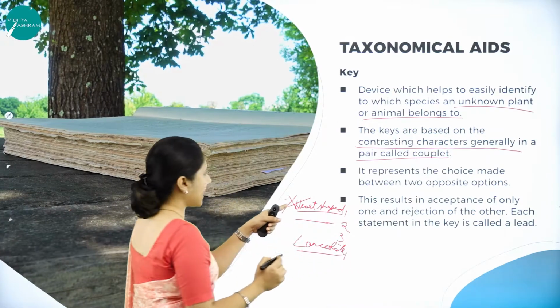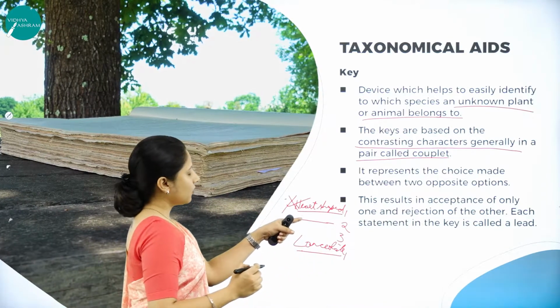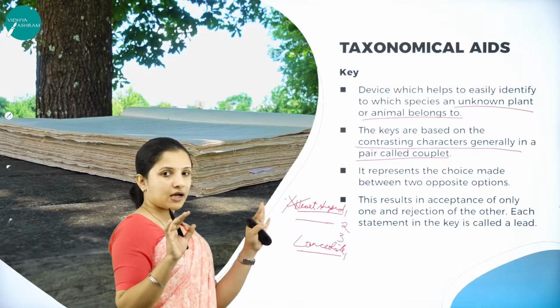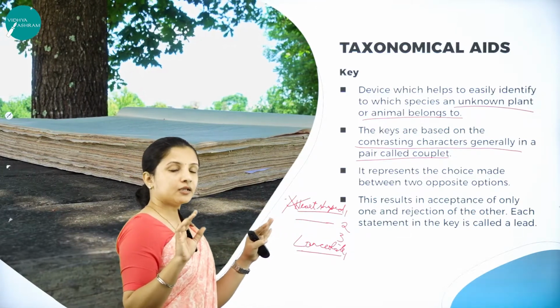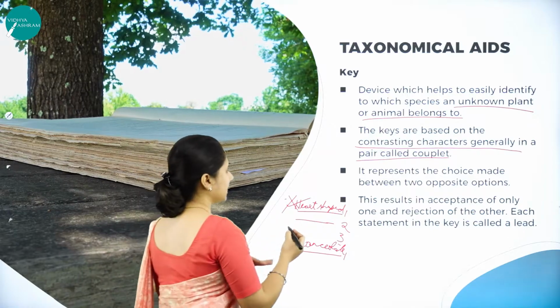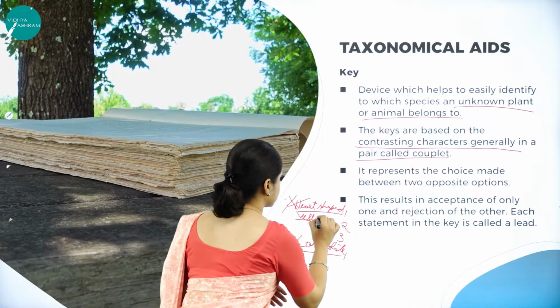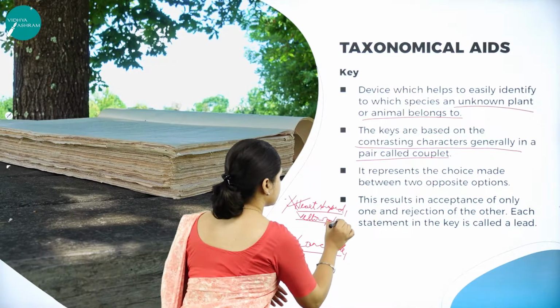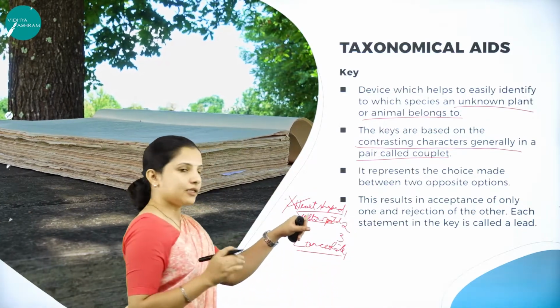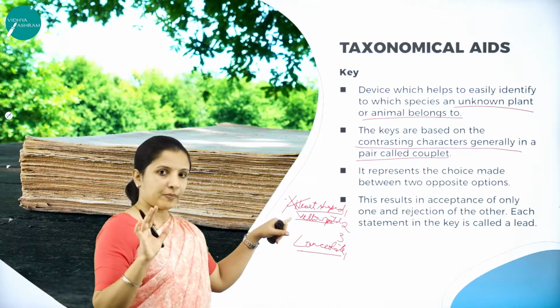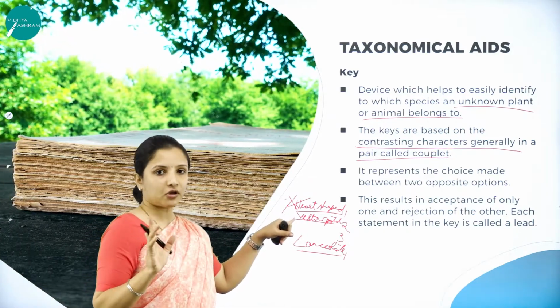So you'll skip this character and you'll say, okay, maybe this character is matching. The leaf shape is not heart shaped, but say for example, it has yellow patches. I'll write here yellow patches. The plant that I've given you for study has yellow patches, but the leaf shape is not heart shaped.